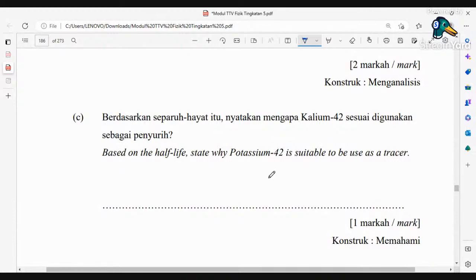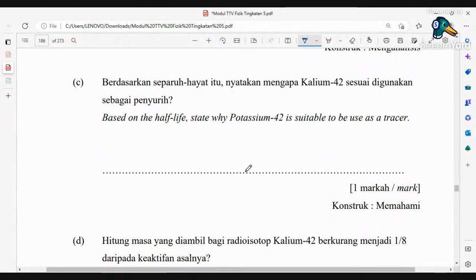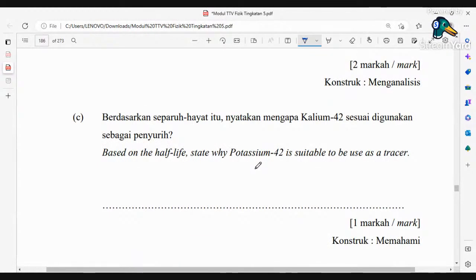C, based on half-life, state why suitable to be used as tracer. You can see the half-life is about 12 hours, so quite short. So it's suitable for the process. Okay, in medical, maybe require about 6 or 8 hours. So it means it's suitable to be used as tracer with short half-life, enough for the process.